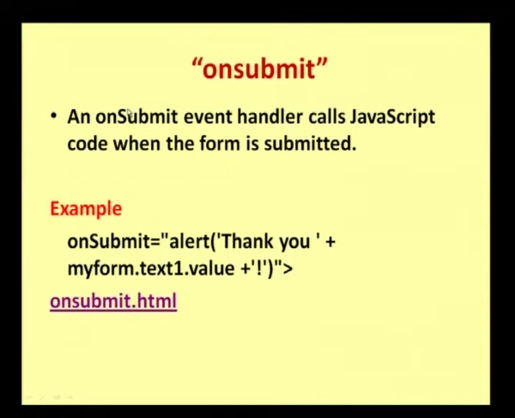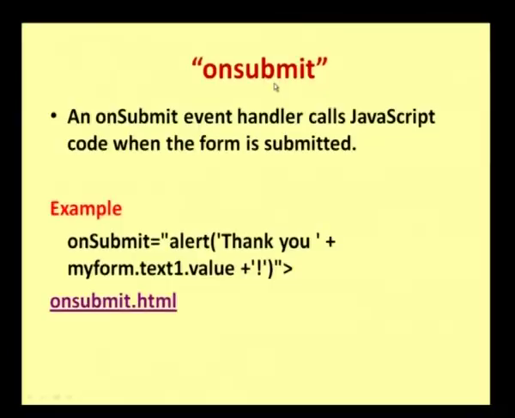When the client clicks the submit button, the data should be submitted to the server. That type of event is called onsubmit, when the data entered by the user should be presented to the server. This onsubmit event handler calls JavaScript code when the form is being submitted. This is an event related to forms.